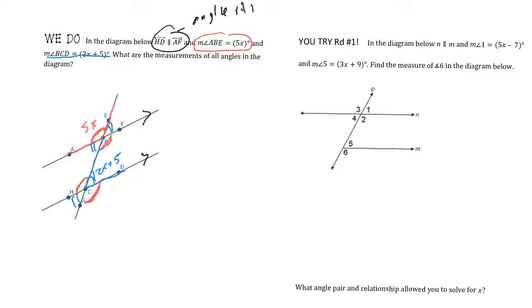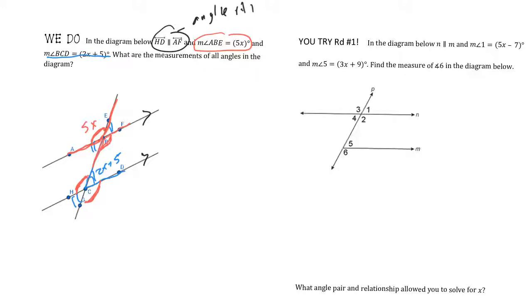Another way to think about this red angle is obtuse. So all my obtuse angles I make red or have one angle mark. And all my acute angles I'm putting two angle marks on so I could see those. So if I look at my two angles, the 5x and the 2x plus 5, I see that they're not equal.